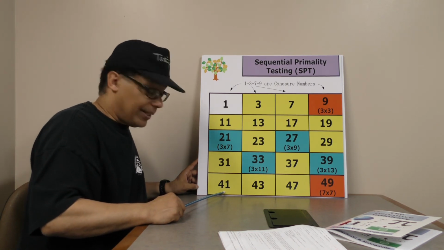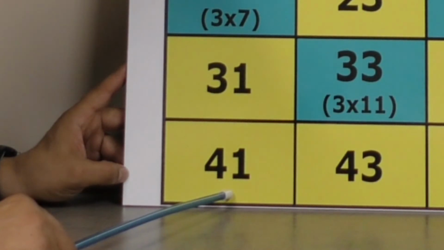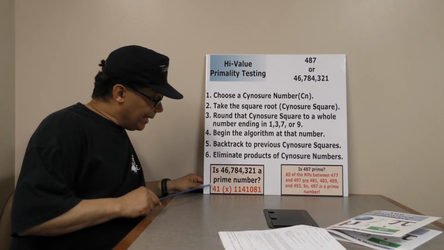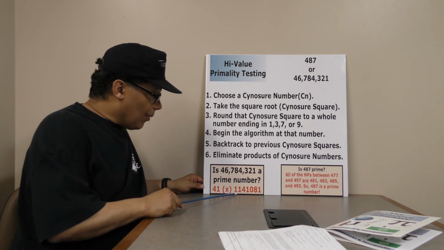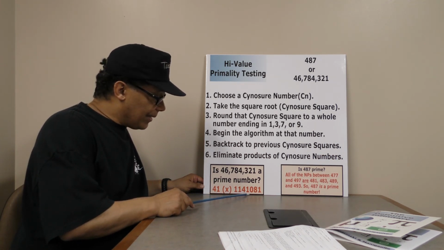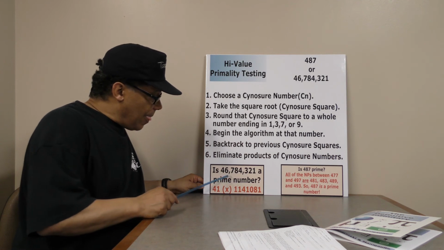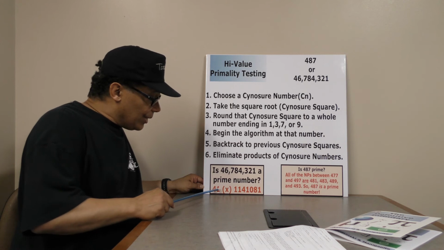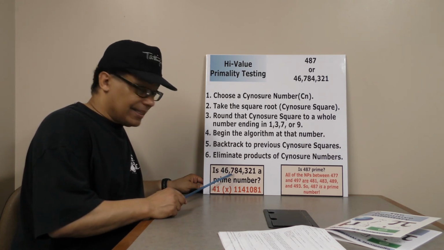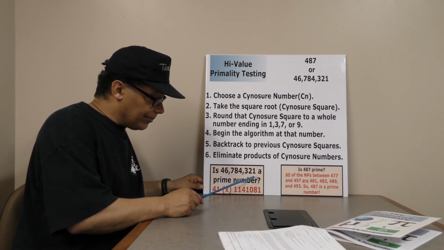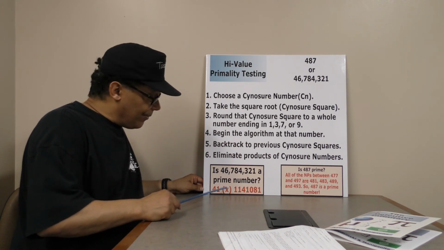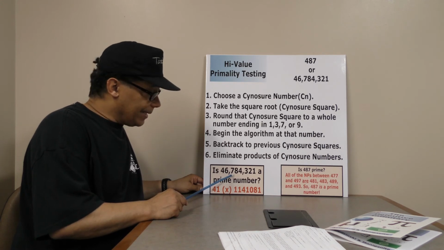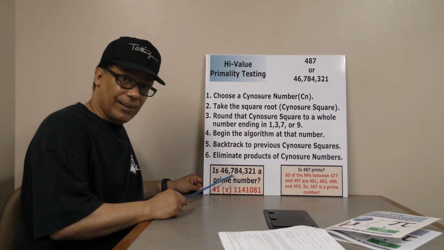By the time I got to 41, I would see that 41 divides evenly into 46 million plus. Here, we can see that 41 times 1,141,081 produces 46,784,321. So because 46,784,321 is divisible by 41, this large number, 46 million plus, is not a prime number.